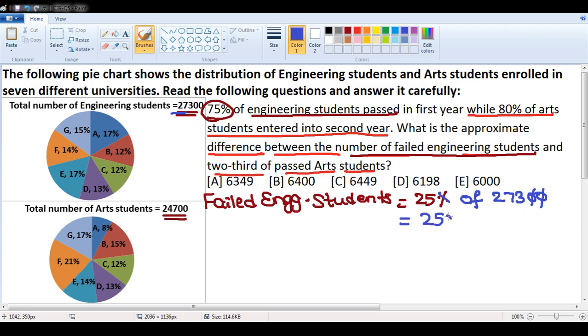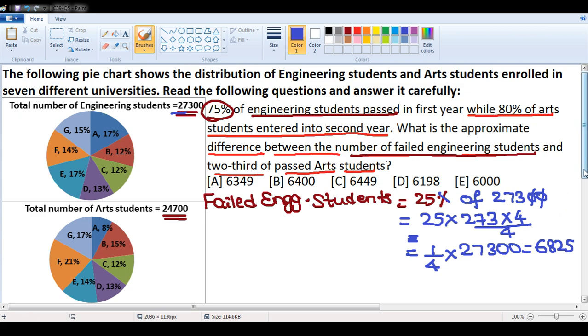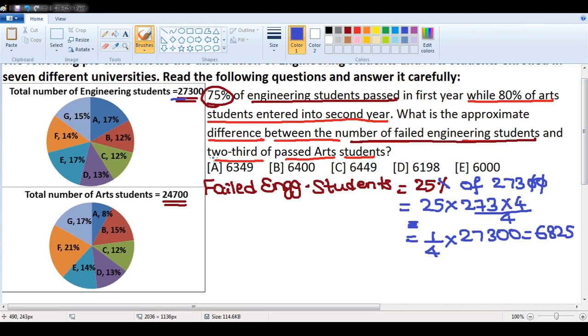It is 25 into 273, or 1 by 4 into 27300, which when simplified gives me 6825.